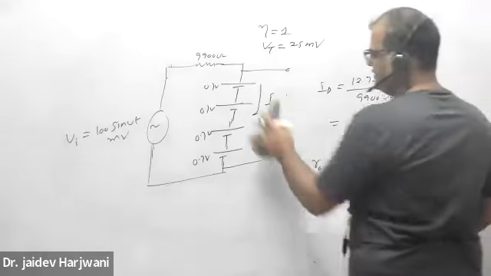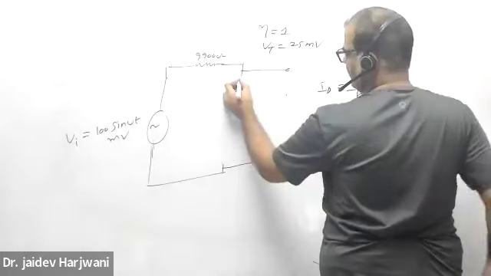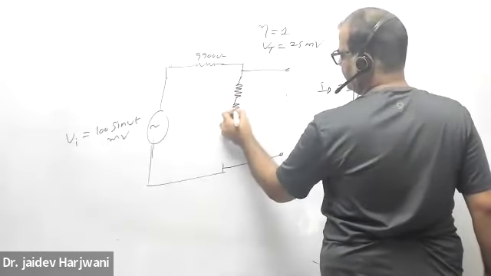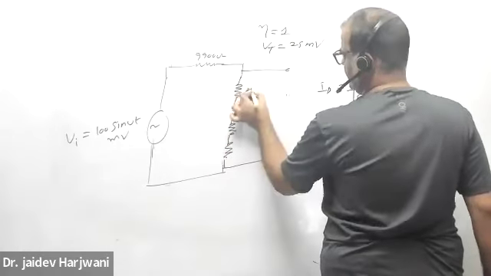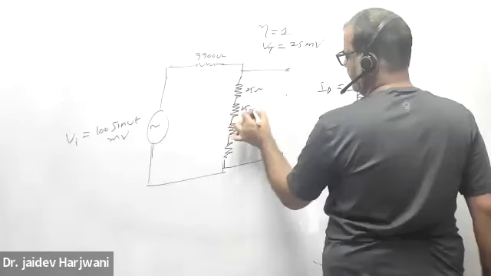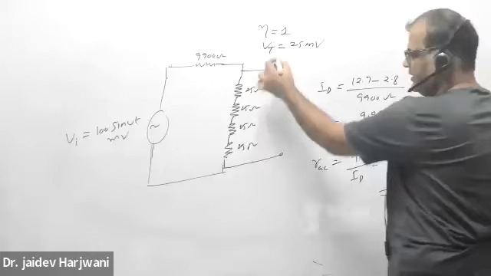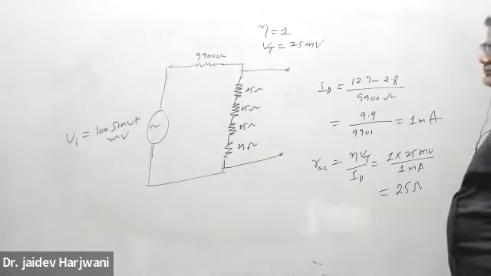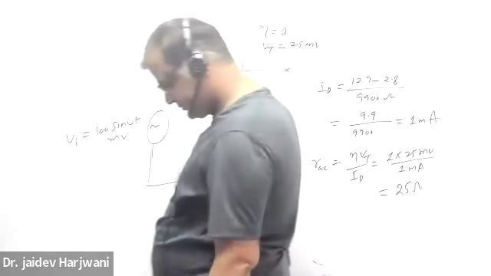And now each diode will be replaced by 25 ohm. Combined these are 100 ohms.